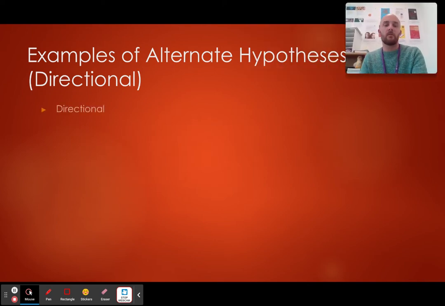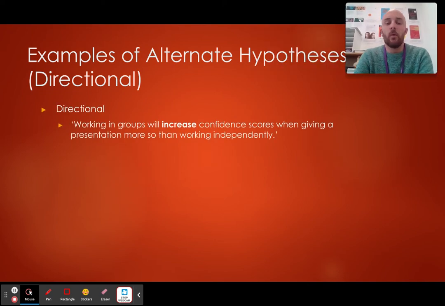So a good example of an alternative hypothesis here is working in groups will increase confidence scores. That word there, increase confidence scores, is what gives it away that this is a directional hypothesis. Working in groups will increase confidence scores when given a presentation more so than working independently.